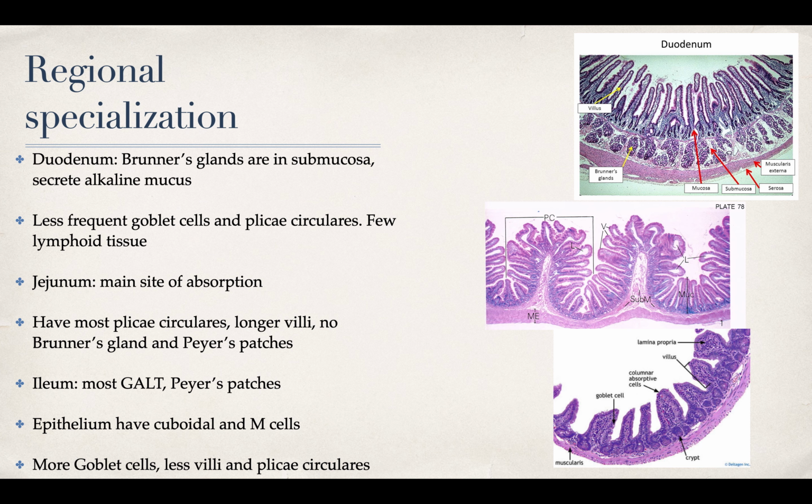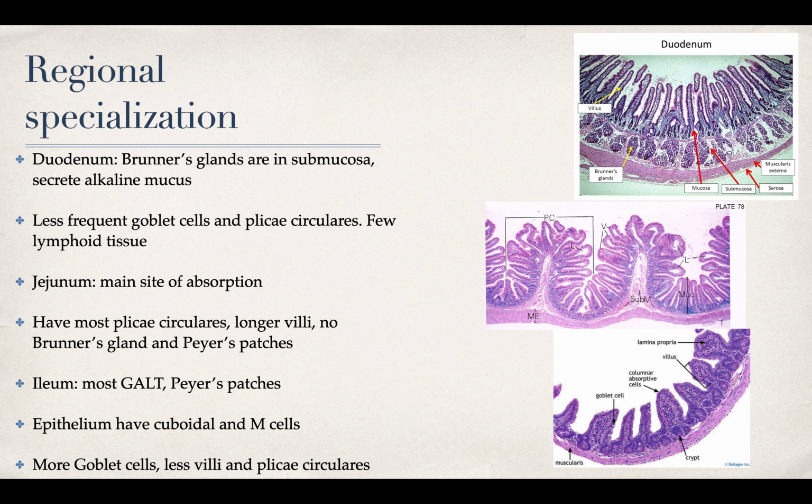The duodenum has the Brunner's glands, and those will secrete, once again, the alkaline mucus. And the duodenum, under histology, is going to have much less frequent goblet cells, hardly ever any plica circularis, and few lymphoid tissue. The jejunum will have the most plica circularis.